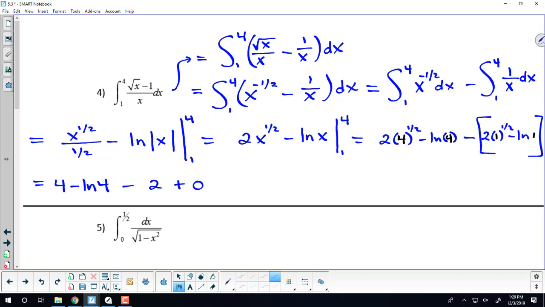So we have 4 minus 2, we'll combine those: 4 minus 2 minus ln 4. And so that's our exact area.